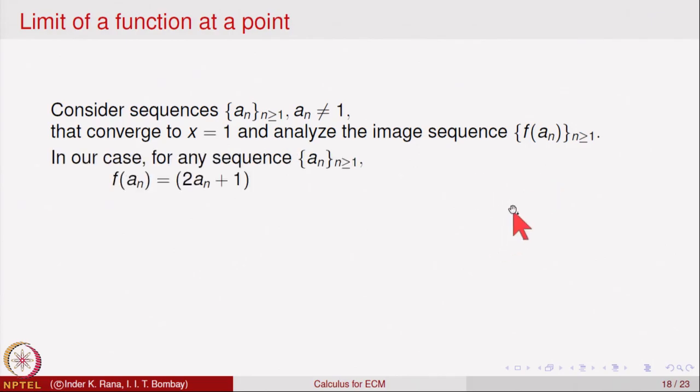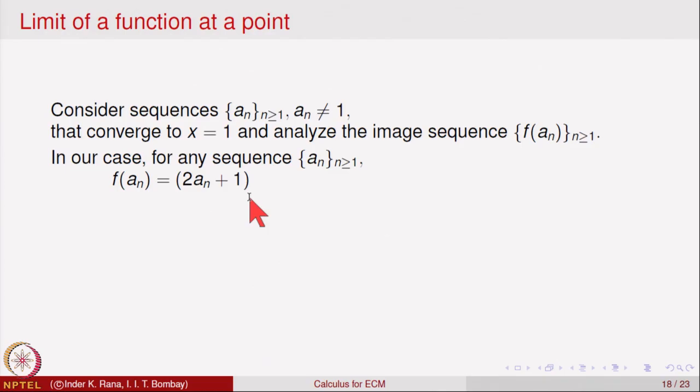In our case, f of x is equal to 2x plus 1 whenever x is not equal to 1. So, f of a n is equal to 2 a n plus 1. We have a sequence in the domain converging to 1. Look at the image of that domain sequence, that is 2 a n plus 1. Does this sequence converge somewhere?